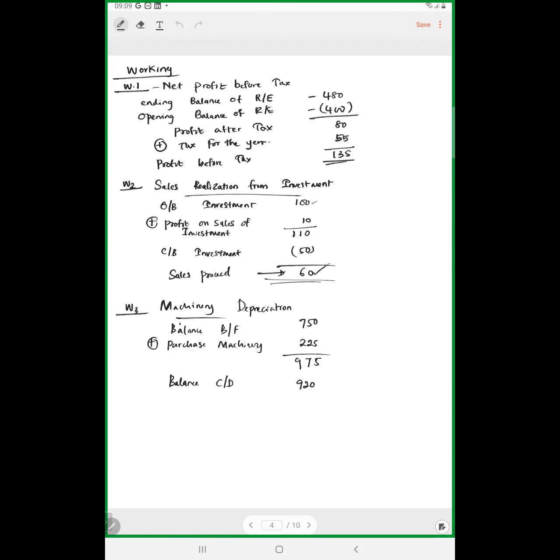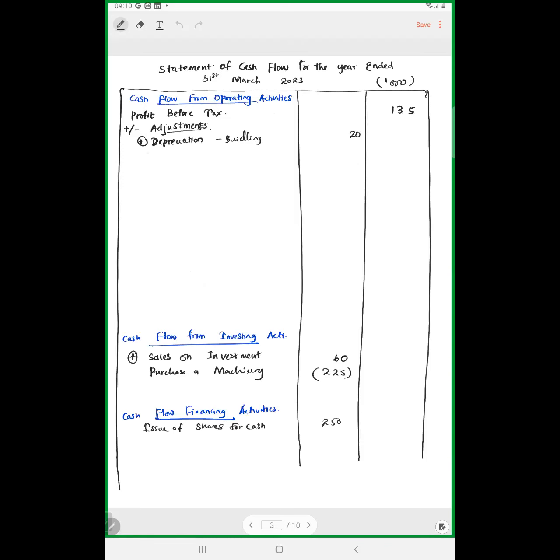So then, yes, how much would be the depreciation? 55. Is that clear? 55. Yeah. So then, where can we record it? Yes, we can record the depreciation as an adjustment.